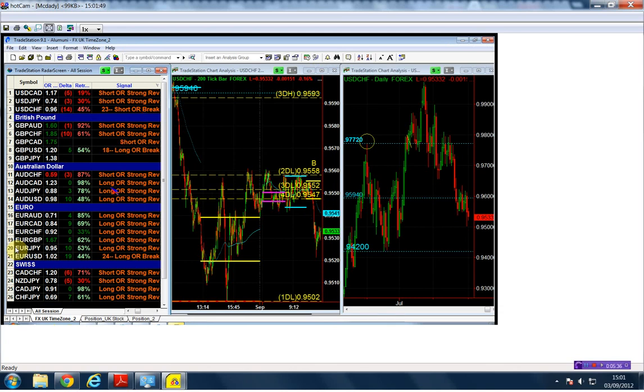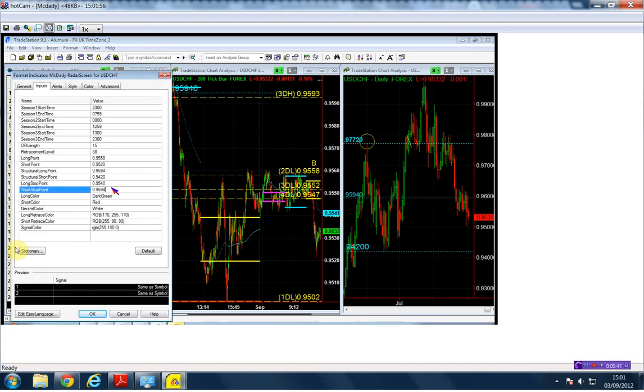We're going to put our stop right above here, which is going to be 95.40. So the 95.40 will be the long and short stop.